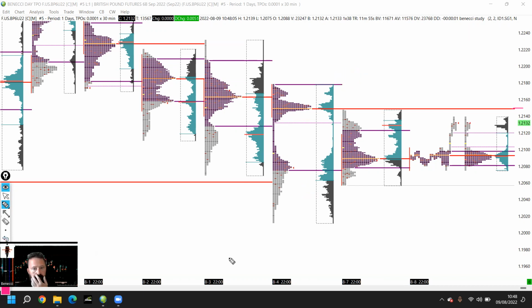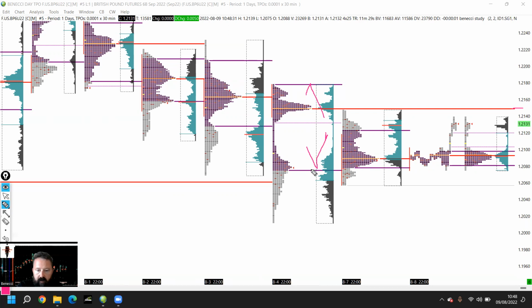So quite often, if price comes to the value area high, we can look to find opportunities to fade it back towards the point of control, or if it comes to the value area low, we can look for opportunities to go long and fade it back again towards the point of control.